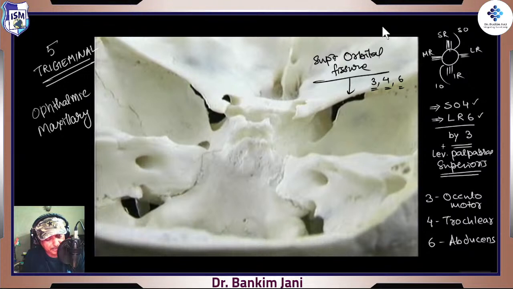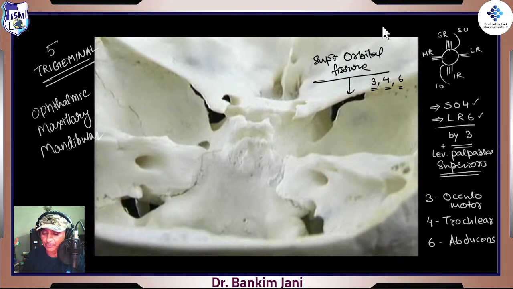Then there would be mandibular, right? So that's how it will say ophthalmic, maxillary, mandibular. How to remember it, right? Put 3 fingers over here in style, right? So this is going towards eyes, ophthalmic. This is going towards maxilla, so maxillary, and this is going towards mandible, so mandibular. So trigeminal has got ophthalmic, maxillary, and mandibular.